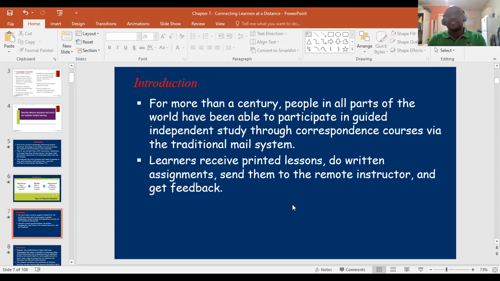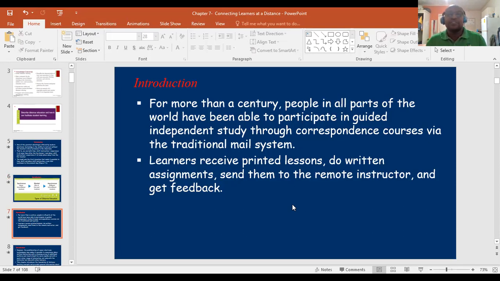For more than a century, people in all parts of the world have been able to participate in guided independent study through correspondence courses, via the traditional mail system, where tasks are given on correspondence, and then what you simply do as a student is respond to those tasks and mail them in at the post office. And this is the tradition.